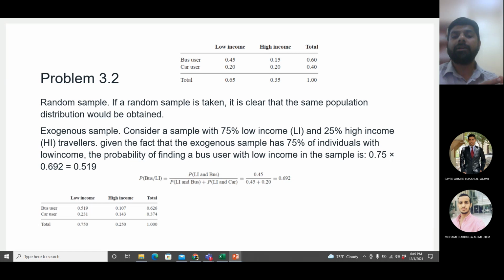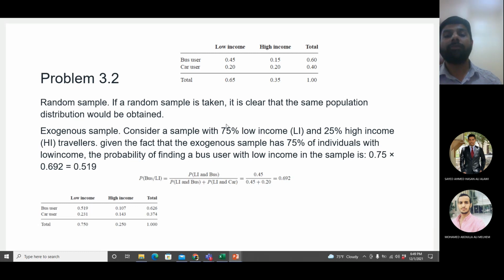Okay, so if the sample was exactly equal to the population, which is the first option, and you take the sample randomly, then this will remain as it is, because in the end you will collect 65% low income group and 35% high income group. But since this is not the case, you have taken the sample by selecting it, and you have selected 75% low income group people.